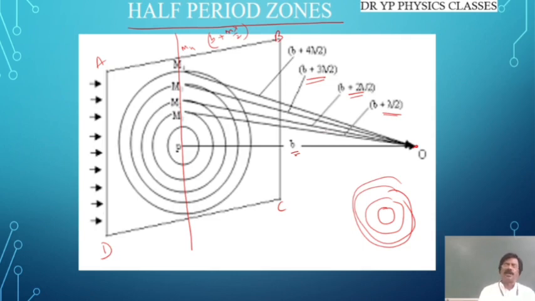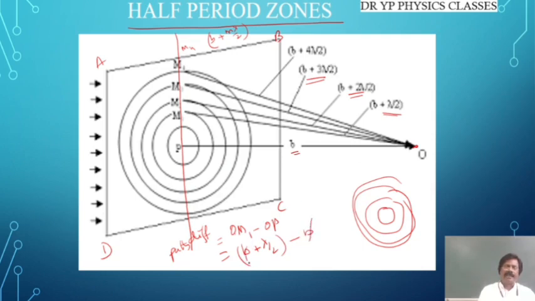Let us consider first the path difference. What is the path difference from one point to another? Let us calculate. Let this be OP. First take OM1 minus OP. The path difference is equal to OM1, which is b plus lambda by 2, minus OP, which is equal to b.